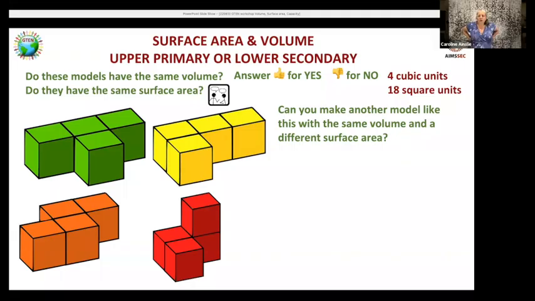It's a closed question though, yes or no, but further than that, actually come up with some suggestions. Go on, Tony. I want them to see if they can suggest what it would look like if they made another model like this with the same volume and a different surface area.